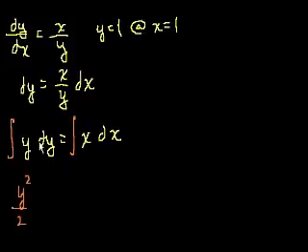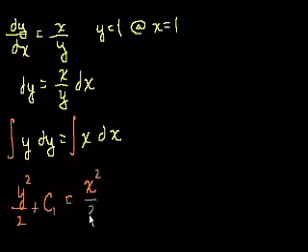There could be a constant here. I'll call it c1. We don't know what that constant is. And that equals x squared over 2 plus c2, right? Some other constant.